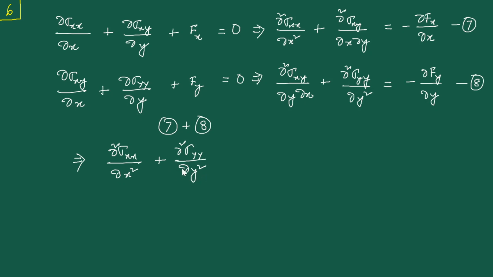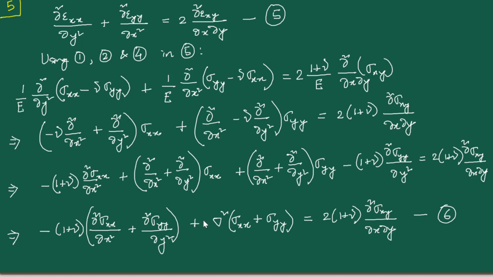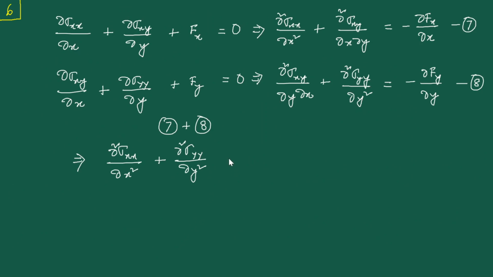So you see, these two terms are very much present in equation number 6. And what I have here is this plus twice del sigma xy del x del y, where of course I have utilized the equality of these two terms.